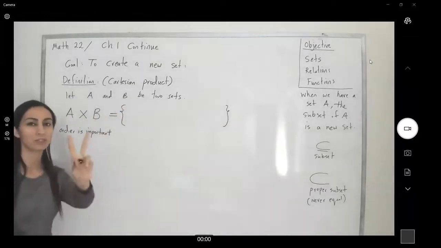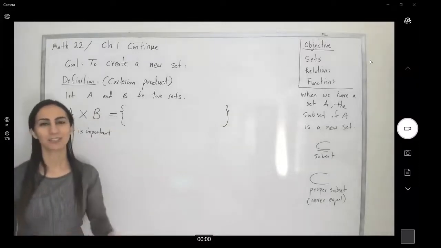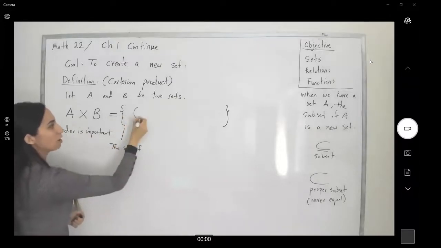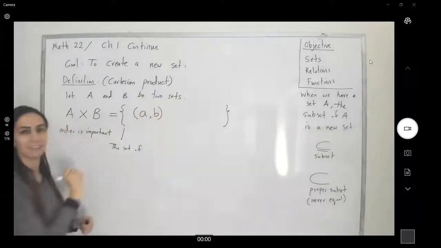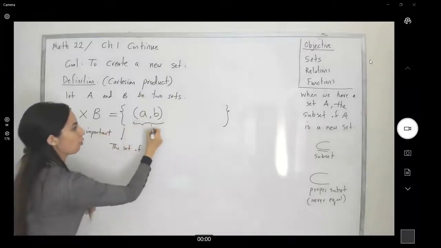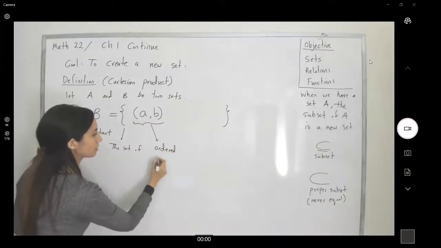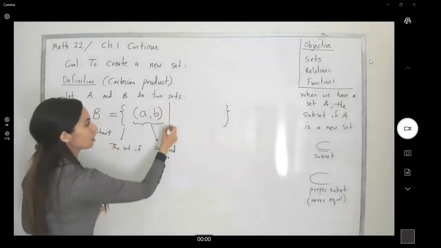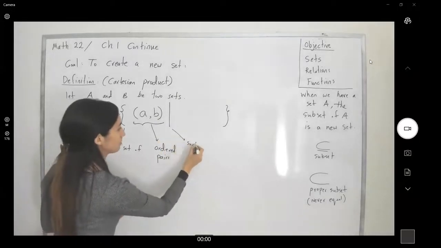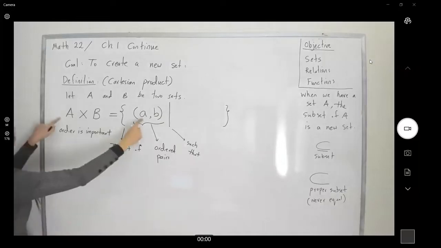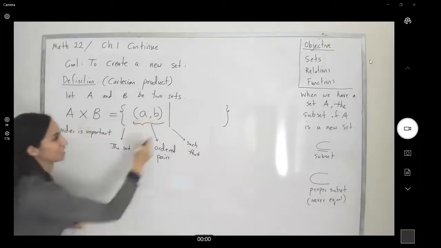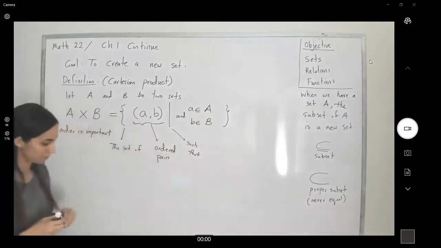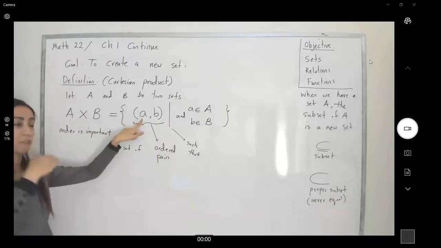So note that here you're working with two sets. You have some elements from the first set, you have some elements from the second set. The set of all ordered pairs, points in the XY plane for example, such that a belongs to the first set, b belongs to the second set. a is in A and b is in B. Your first coordinate belongs to the first set.